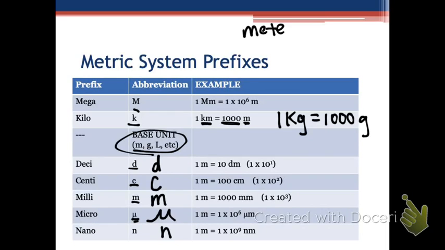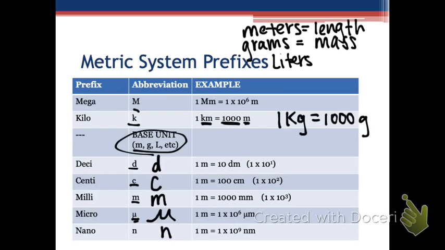Okay, meters equals length. Okay, grams equals mass. How heavy something is. How much something weighs. Liters measures volume.